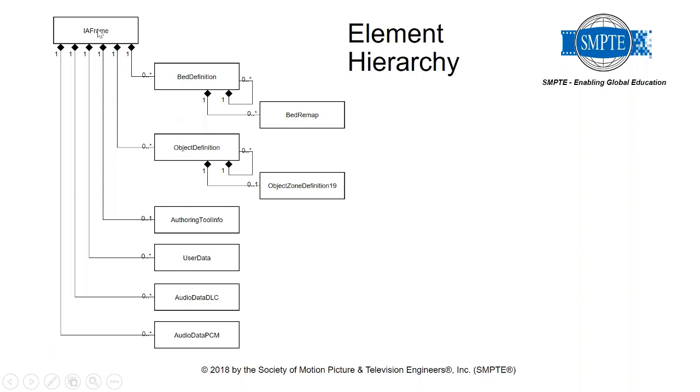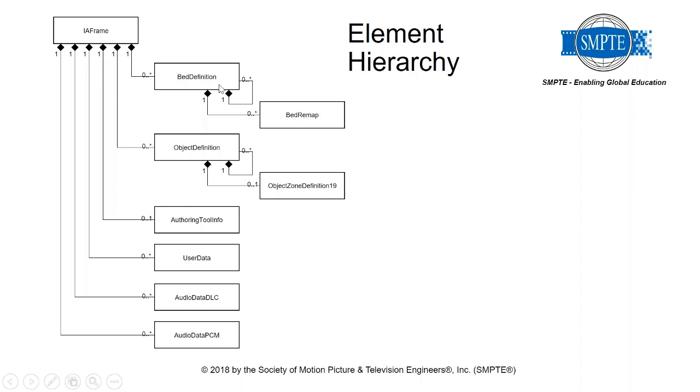This shows that the IAFrame is the highest level in that it contains all the other possible elements. You'll notice this number here, 0, means that is the number of elements of this type that are required in a frame. And you notice they're all 0. So there are no required elements in the bitstream according to the spec.